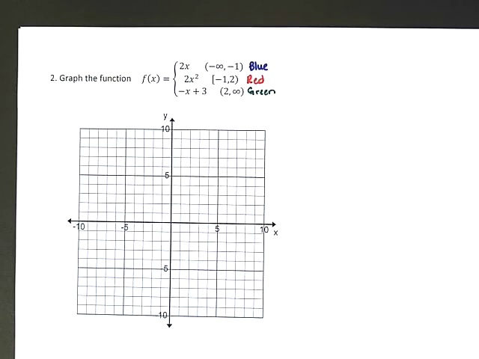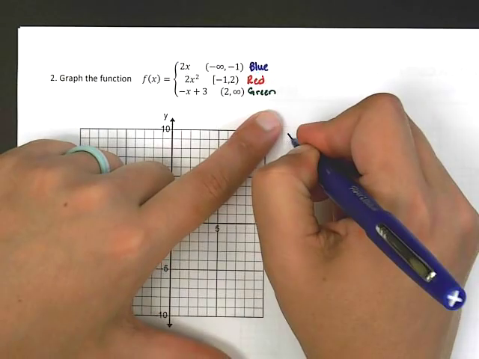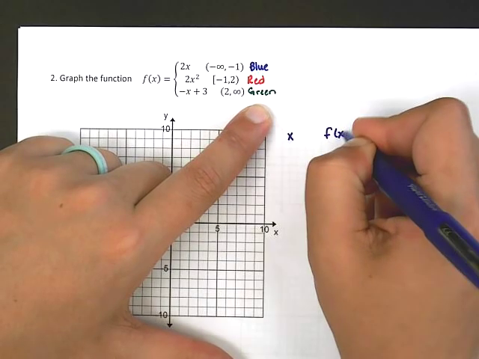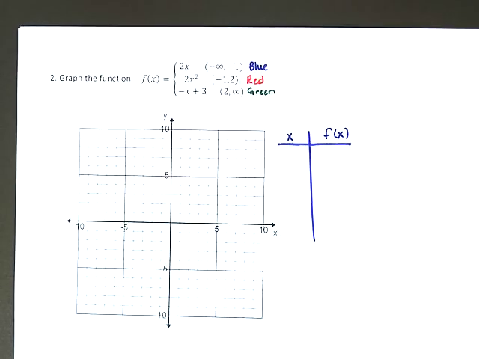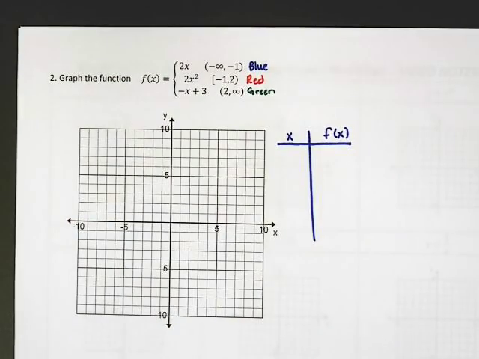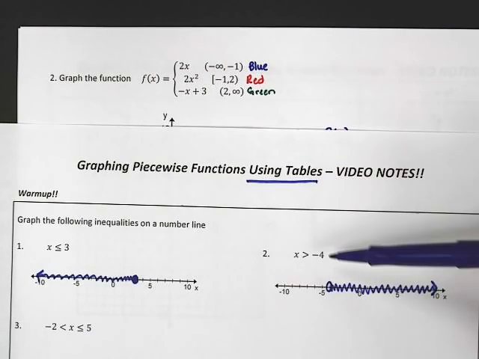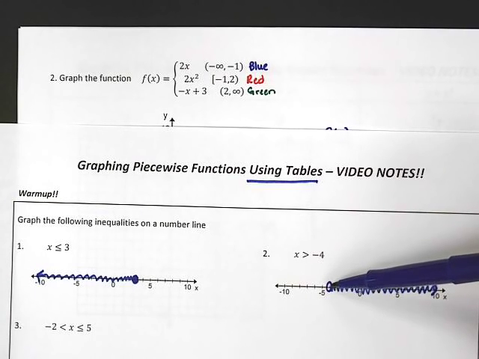So for the first part, I'm going to make a table of values, x and f of x. Now it tells me that for this first function, I can use all the numbers between -infinity and -1, and the -1 is not included. Now just like before, even though I can't equal -1, I still include it on the graph. I just put an open circle there.